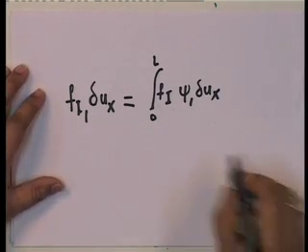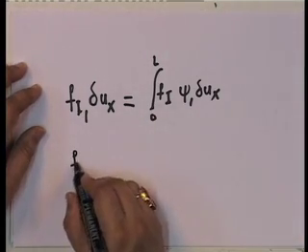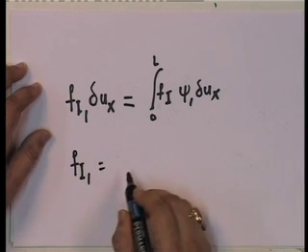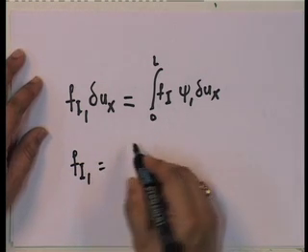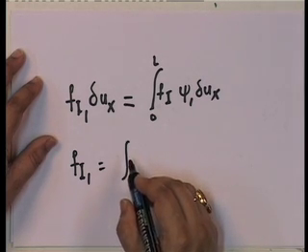Delta u x exists on both sides, so let me substitute Fi. What was Fi?